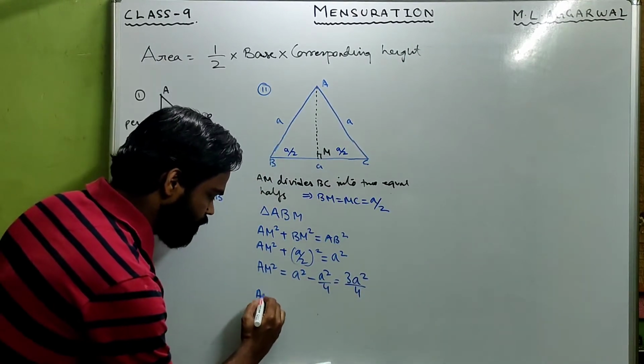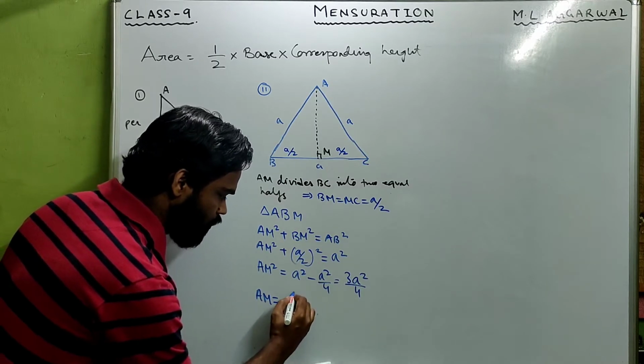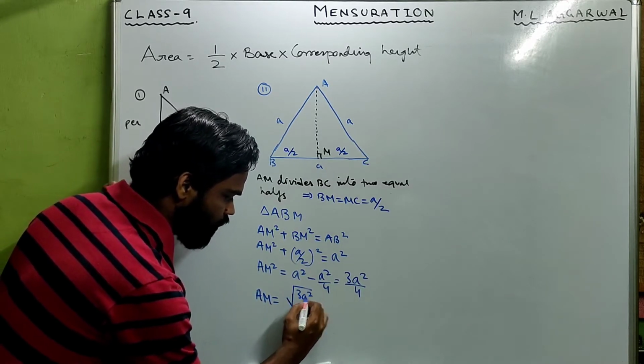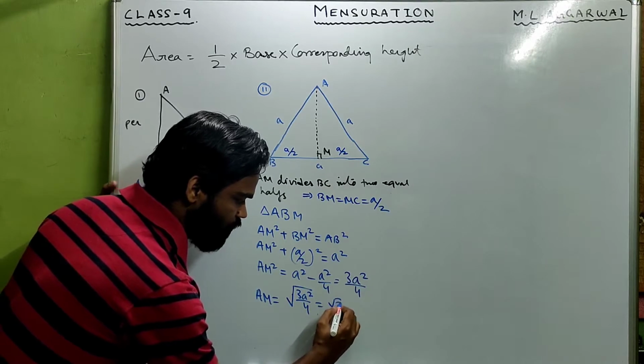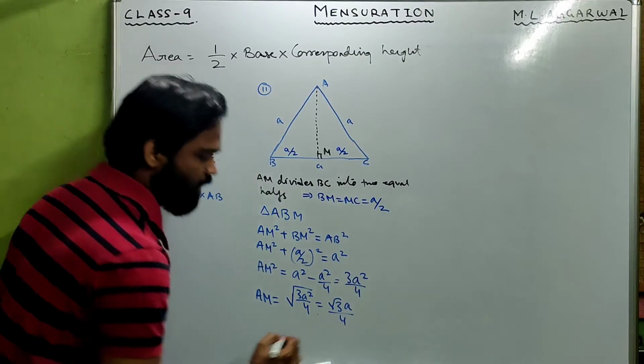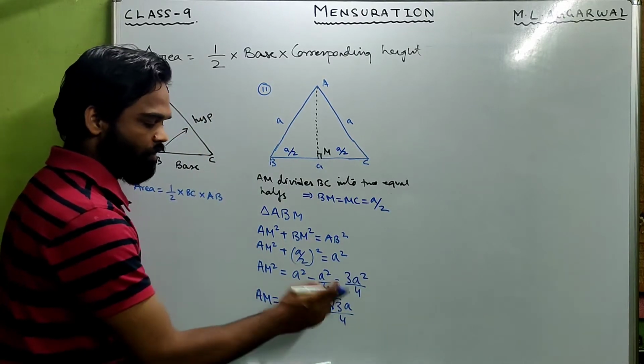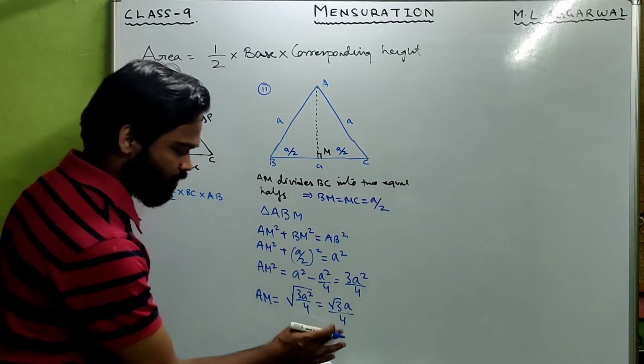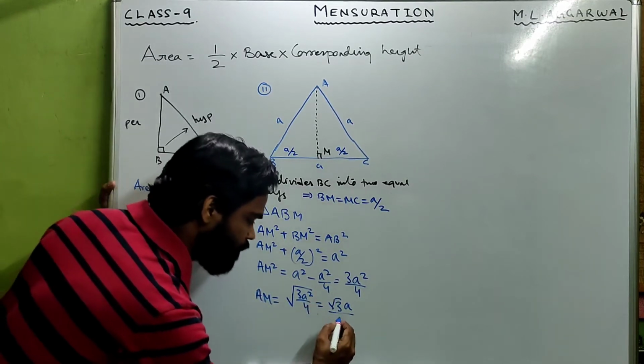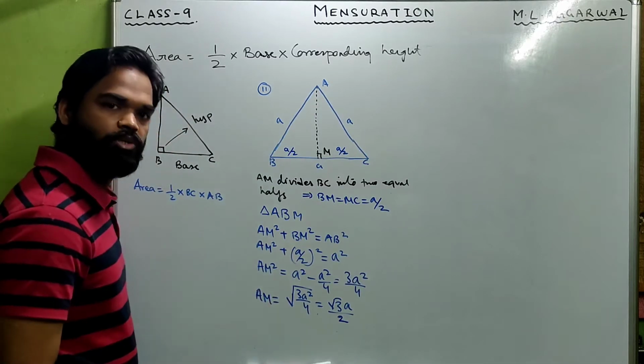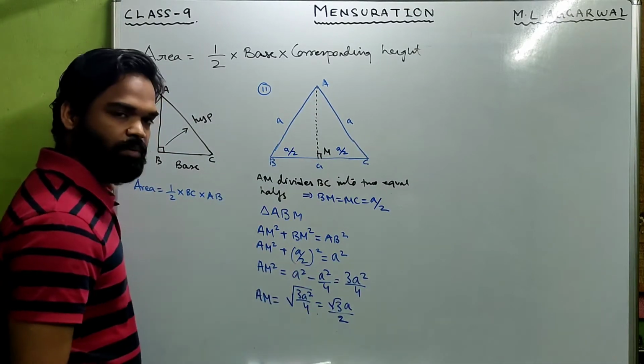So AM will be root over of 3A square by 4. So root 3 remains, A by 4. So that becomes root 3 by 4 multiplied by A. Sorry, root 3 by 2. Extremely sorry. Yeah, the root of 4 is 2. So it becomes root 3A divided by 2.